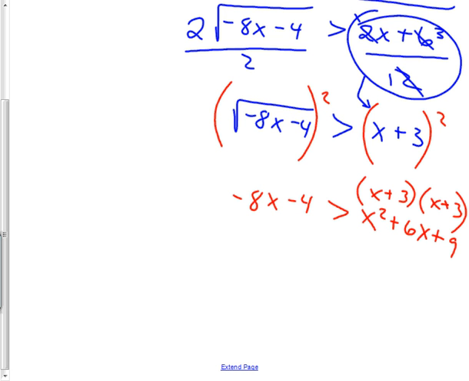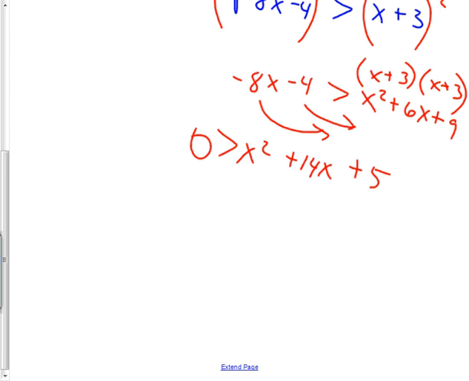And now, something I probably haven't stressed enough is that when you have this kind of problem, you've got to get one side to be 0. You've got to get quadratics alone and then equaling 0. So I'm going to move these to the other side. And now I'll have 0 is greater than x squared plus 14x plus 5.